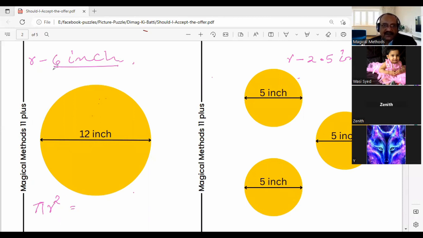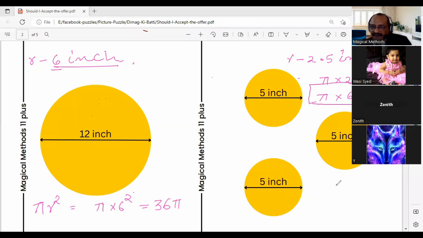Area of this is pi r square. The value of r is 6 inches. So pi times 6 square. That gives me 36 pi. And if I find out the area of this, pi times r square, the square of 2.5 is 6.25. So pi times 6.25. We can take 6.25 pi. There is no problem in that. Now you have 3 of this size.